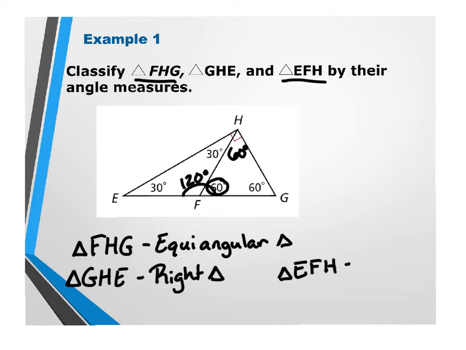Well, that is an obtuse angle. So we are going to name this an obtuse triangle. And there you go. There are some of our angles, which help us classify our triangles.